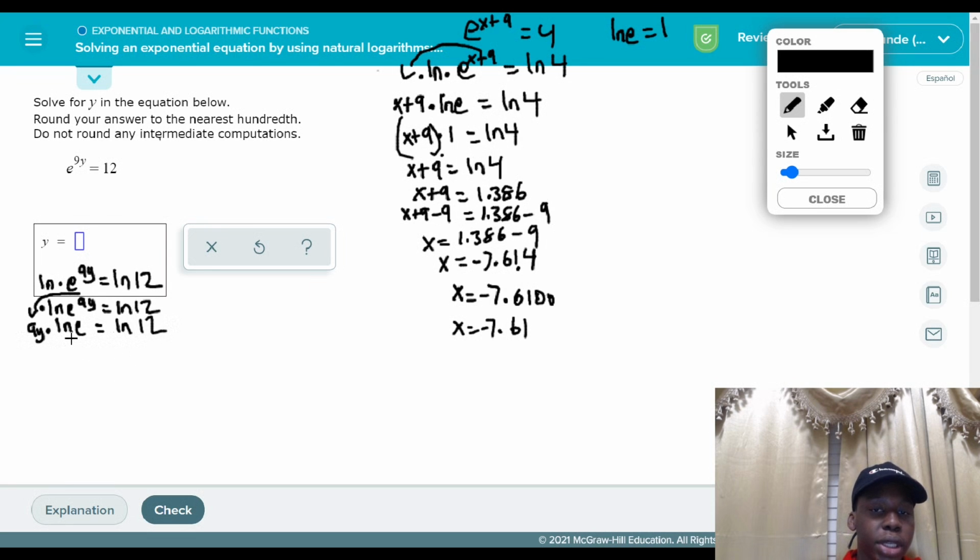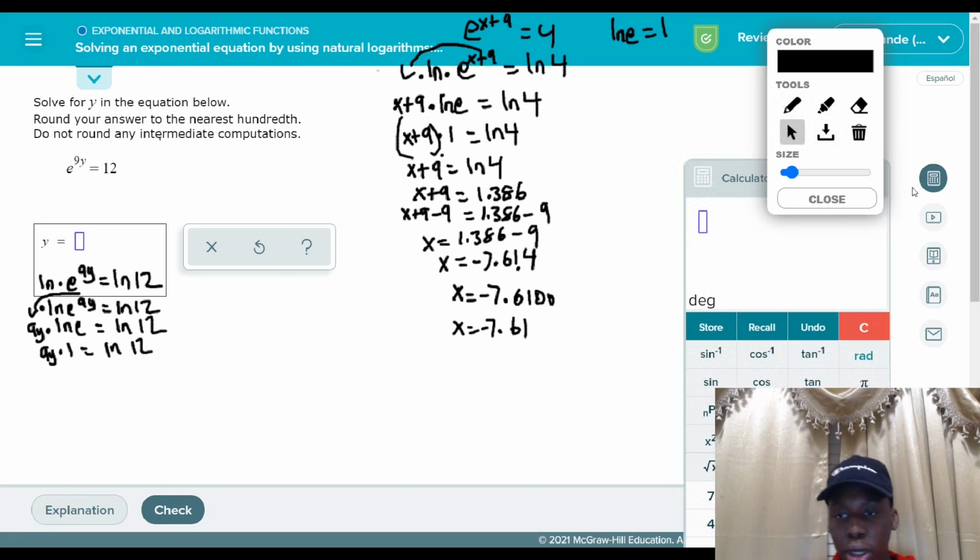Remember, ln e is 1. So that's taken care of. This is 9y times 1 equals ln 12. The next step is finding ln 12, and we can do that by checking the calculator.